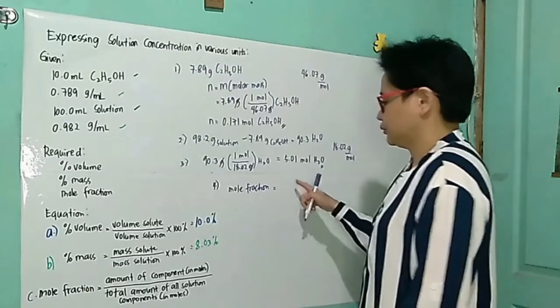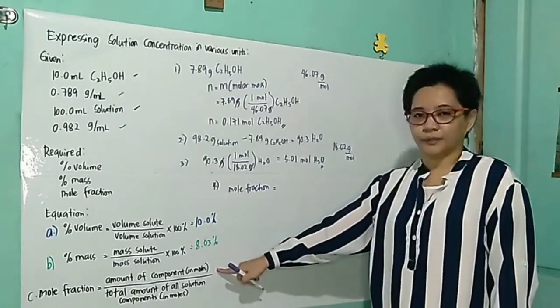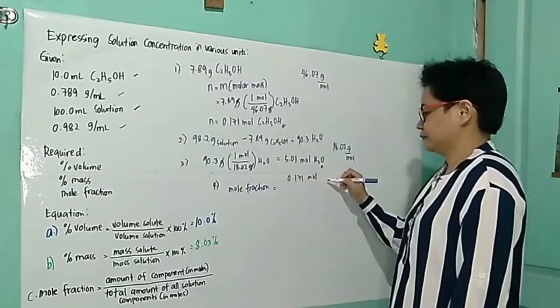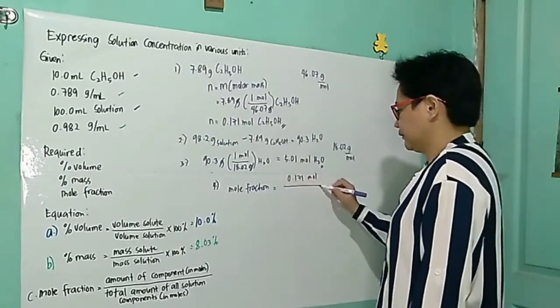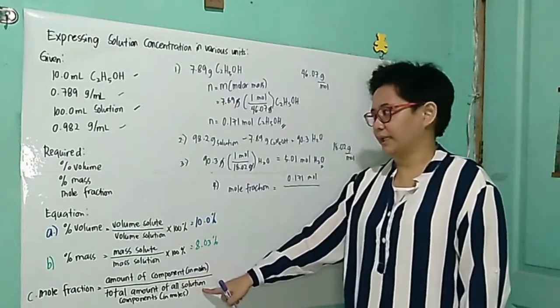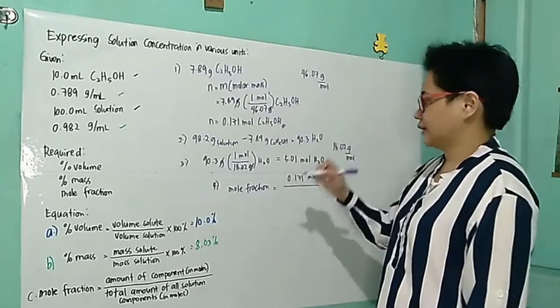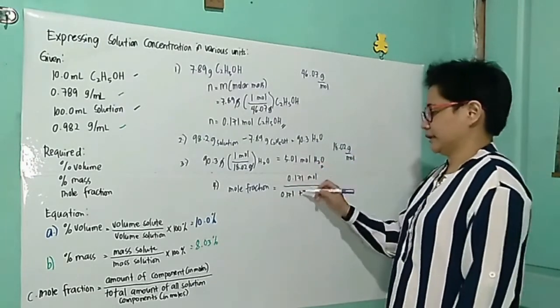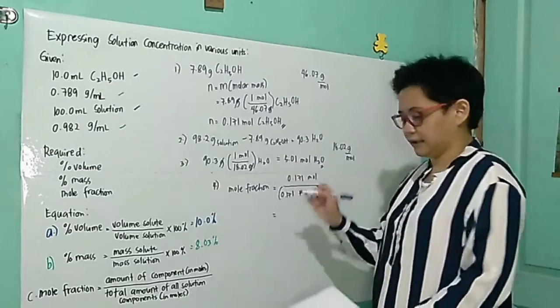That is the component required, which is the ethanol, divided by total amount of all solution components, which are the ethanol plus water.